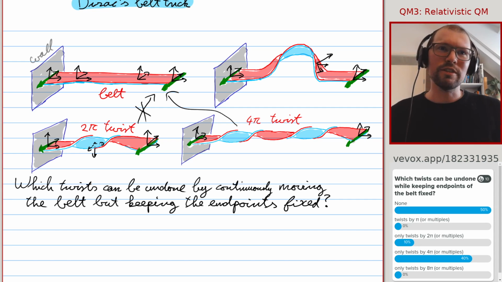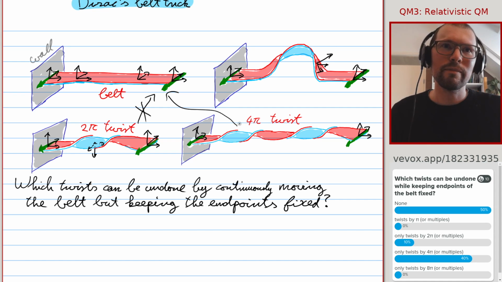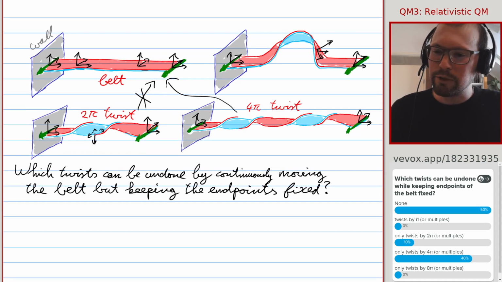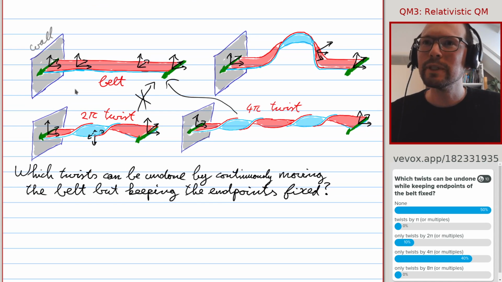But if I twist by 6-pi or 8-pi, I can always undo a couple of these twists using this trick. So there is always a smaller twist that brings you back to the identity. Okay, that was a short intermezzo.